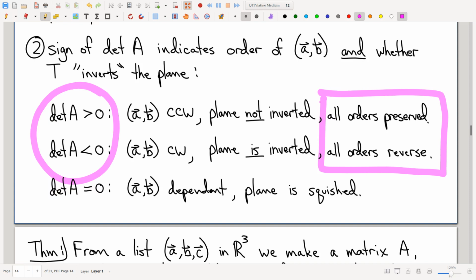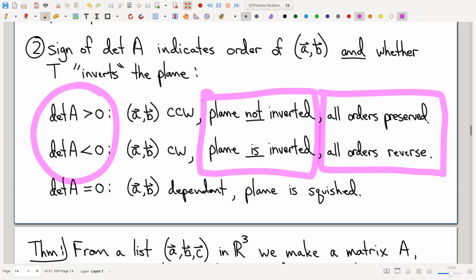Which means it's also telling us whether the plane is being flipped upside down, aka reflected, possibly in conjunction with other things, or not. And I'm using the term inverted here as kind of a catch-all of all the different ways you might think of flipping things over, flipping or reflecting.